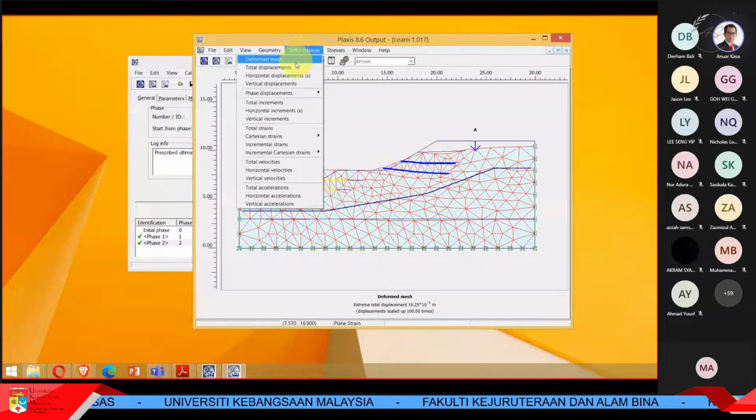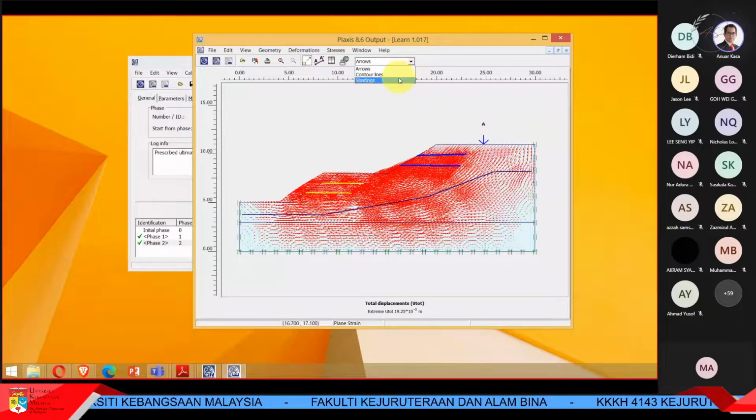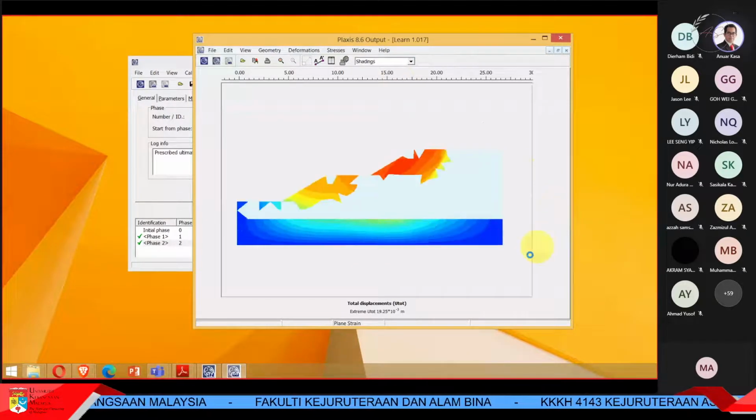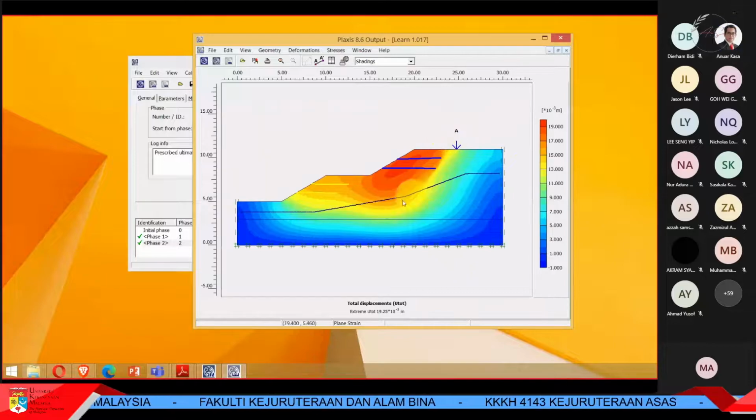And if we look at the displacement, if we go to the shading, we can see this is now the displacement.